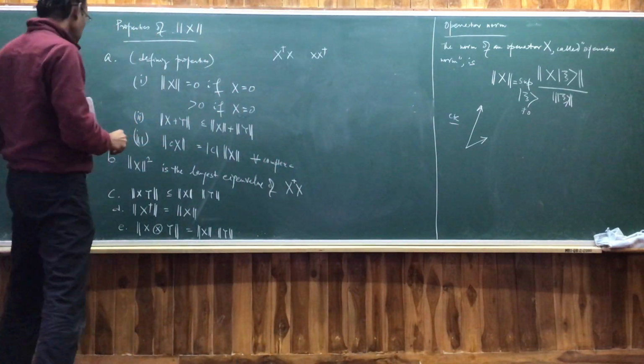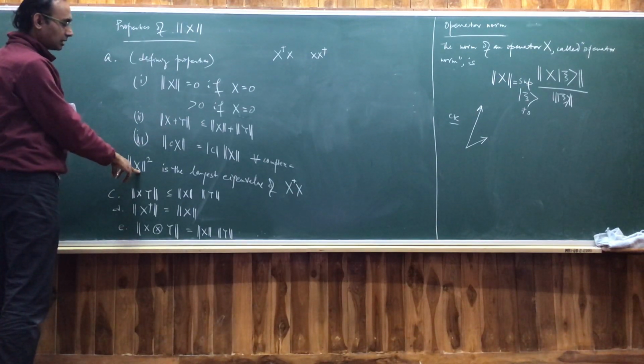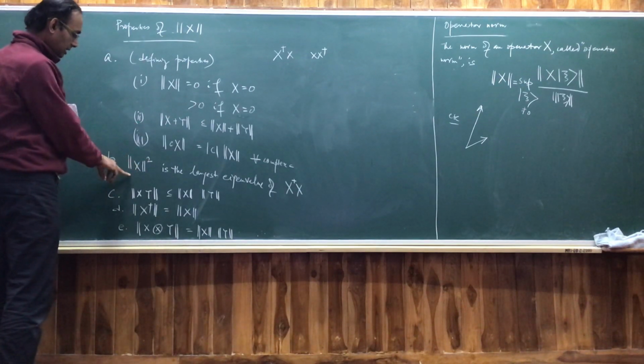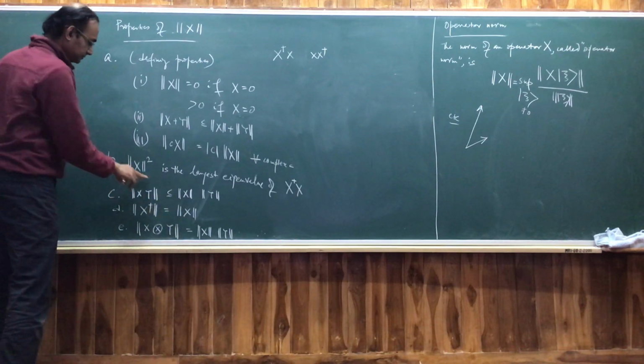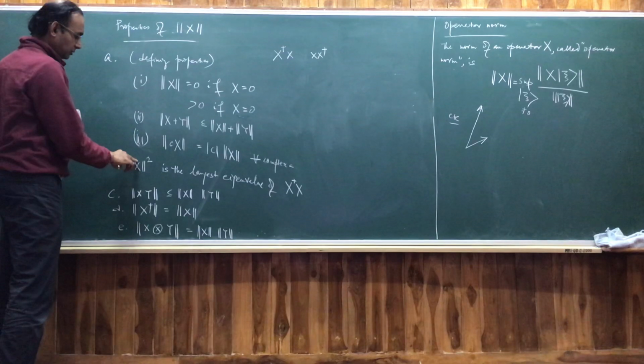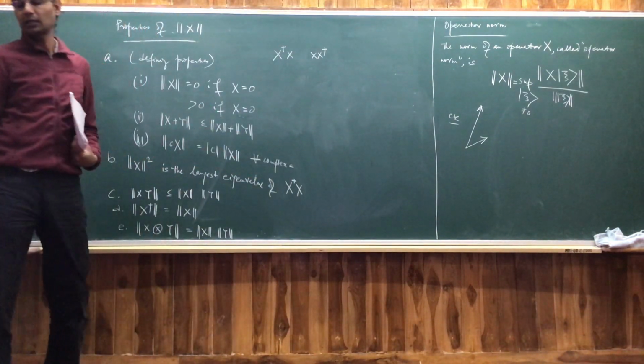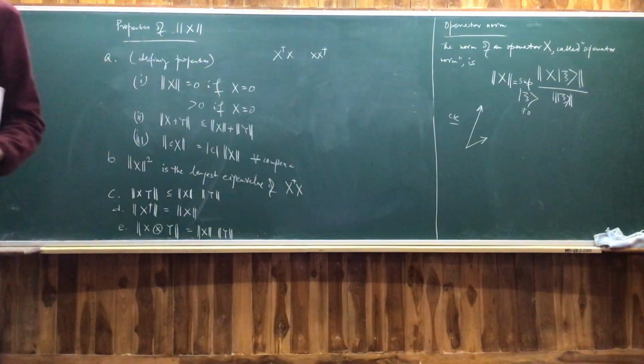If I replace this x by x dagger, I get that, no? And x dagger norm is the same as x norm. So at least the largest eigenvalue is the same. I don't know whether all the eigenvalues are the same.